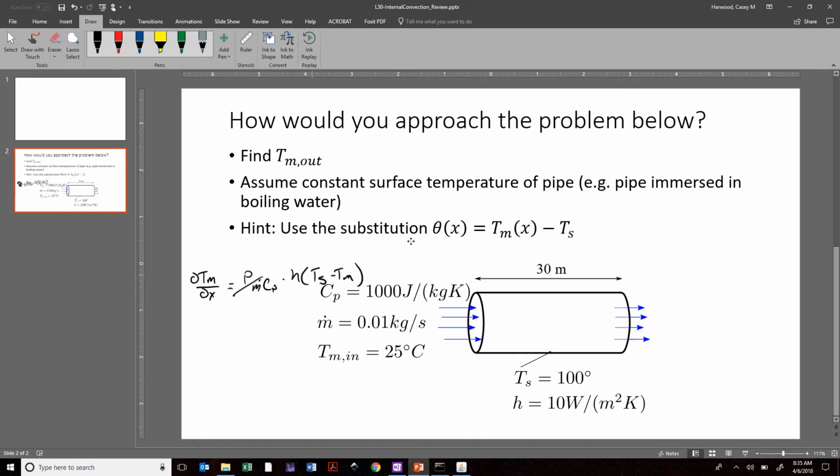We should be able to use that substitution to significantly simplify that, and we'll move on from there. So take 2 or 3 minutes, see how far you can get, and then we'll play catch up as a group.